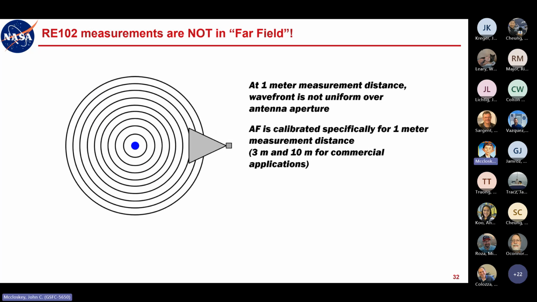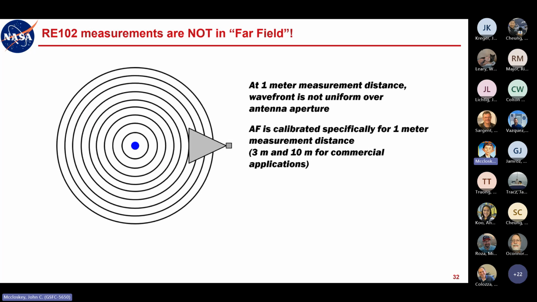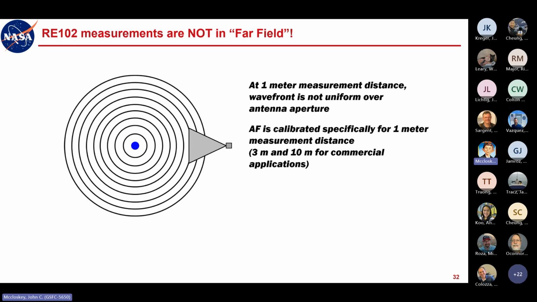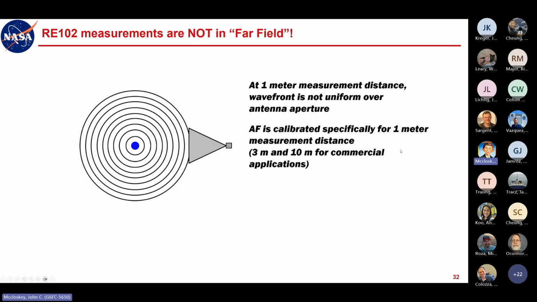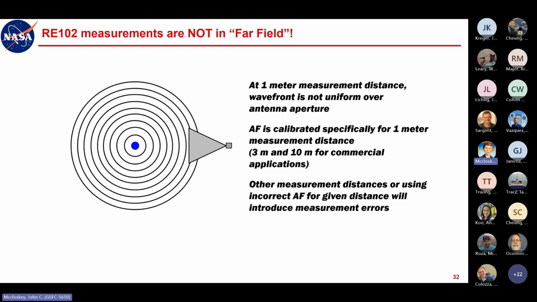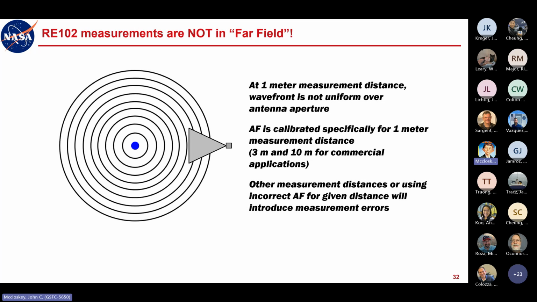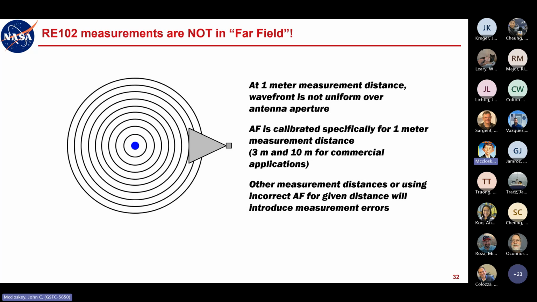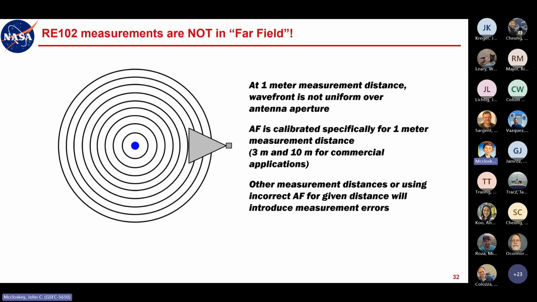And 3 meters and 10 meters are also typical measurement distances for commercial applications. But pretty much for everything we do, it's the 1 meter measurement distance, and those are the calibration factors we should be using. So if you use other measurement distances or using the incorrect antenna factor for, say, a 3 or 10 meter distance, it will introduce measurement errors.